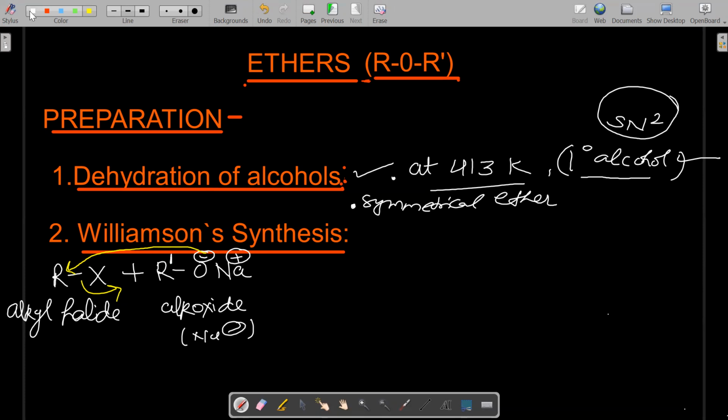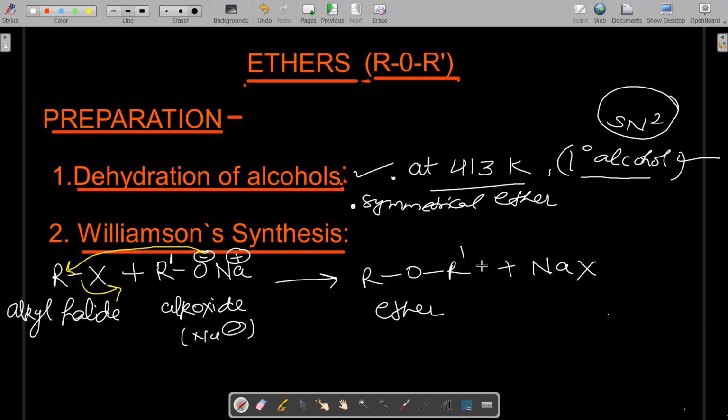So the product formed is ROR' plus the byproduct NaX. So we get ether by this method, and this R or R' may be the same.